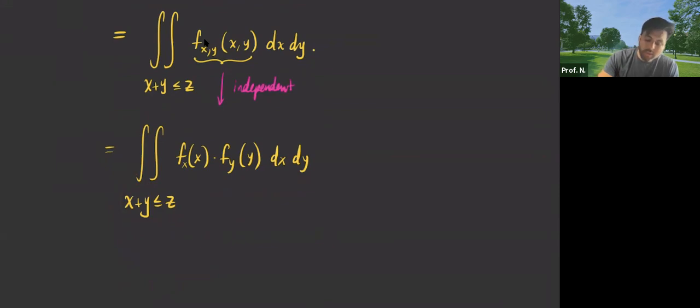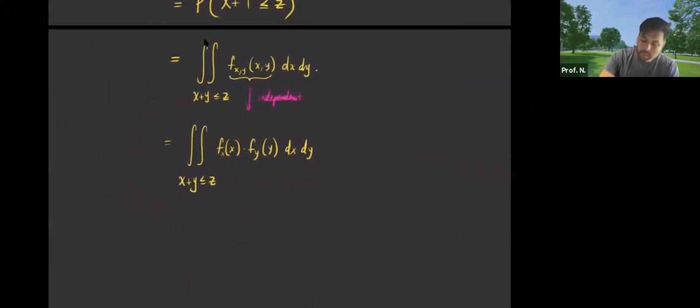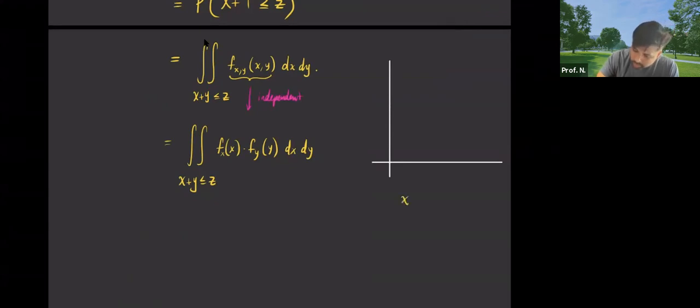So the way I do this is I look at the region, and this region is going to be in the xy plane. So go to the xy plane. What would x plus y less than or equal to z look like?